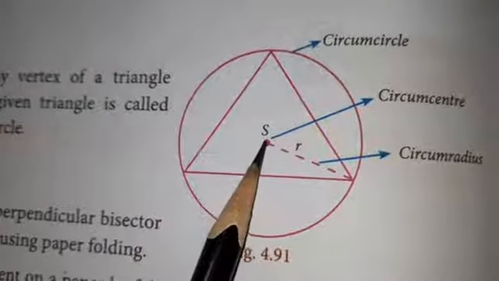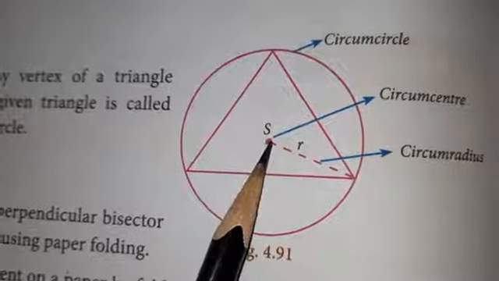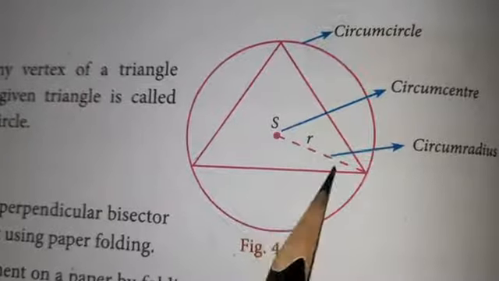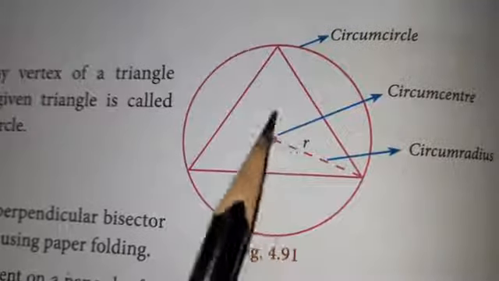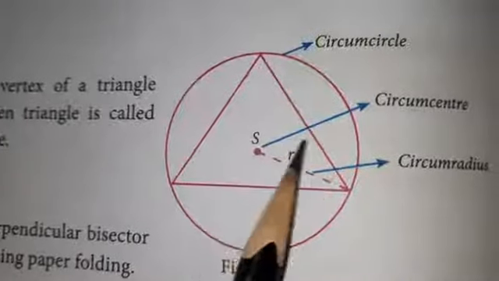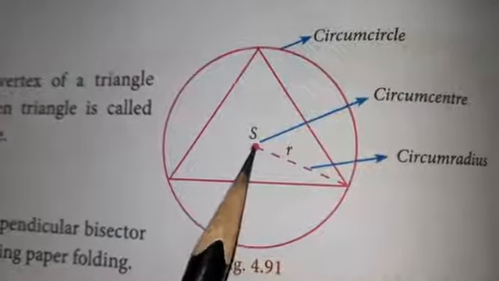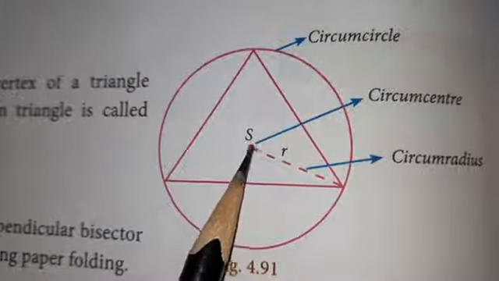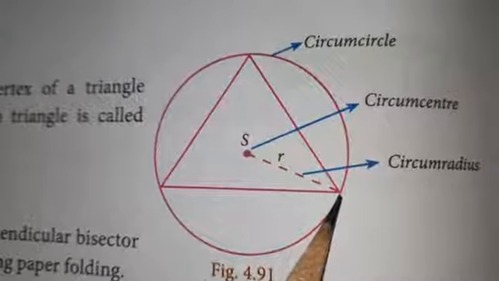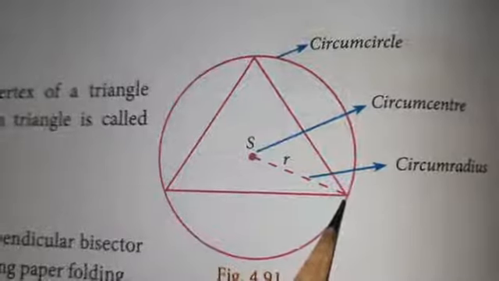This point is called the circumcenter. The line segment from the center to the circle is called the circumradius. Once again I will repeat: the circle is called the circumcircle, the center is called the circumcenter, and the radius from the center S to the circle is called the circumradius.